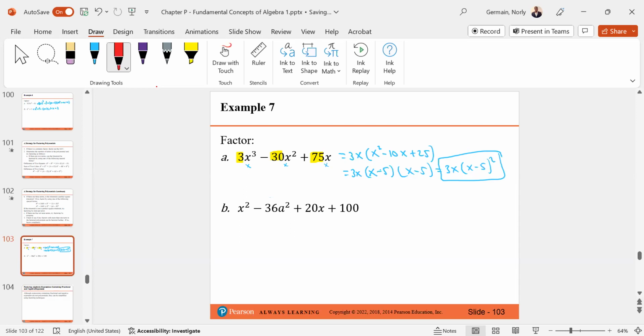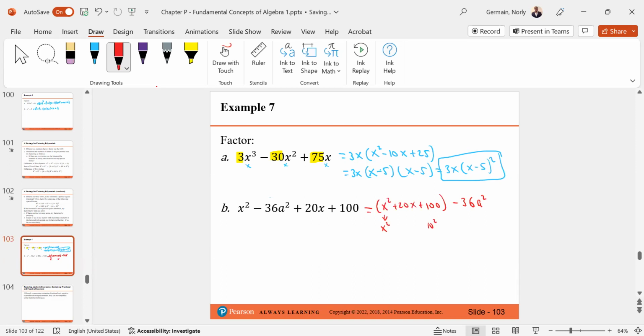First of all, you can try any of these. Okay, this is what I'm gonna do. I can put x squared plus 20x plus 100 minus 36a squared. That's a technique. Because when I look at the first one, I can find two numbers that multiply to 100, or I can use the fact that this one is x squared and this one is 10 squared.